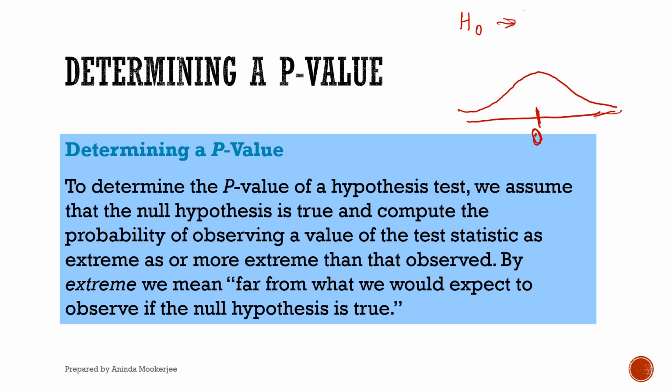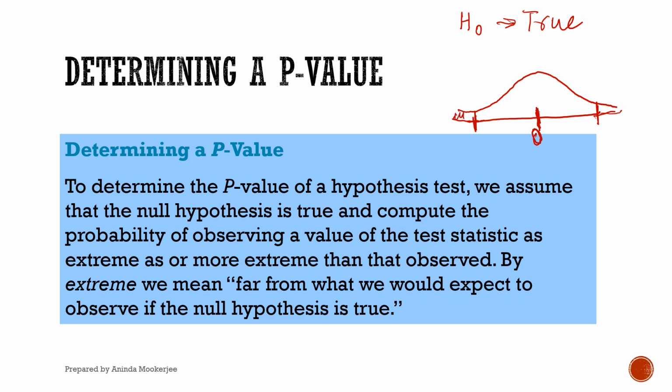So we start with assuming that the null hypothesis is true, and given that it is located at the center of our curve, we take our test statistic value and see how far it is off from the null hypothesis mean. It could be located at an extreme end, on the left-hand side or on the right-hand side. The further it is located towards the ends of the curve, the lower the probability it will have.